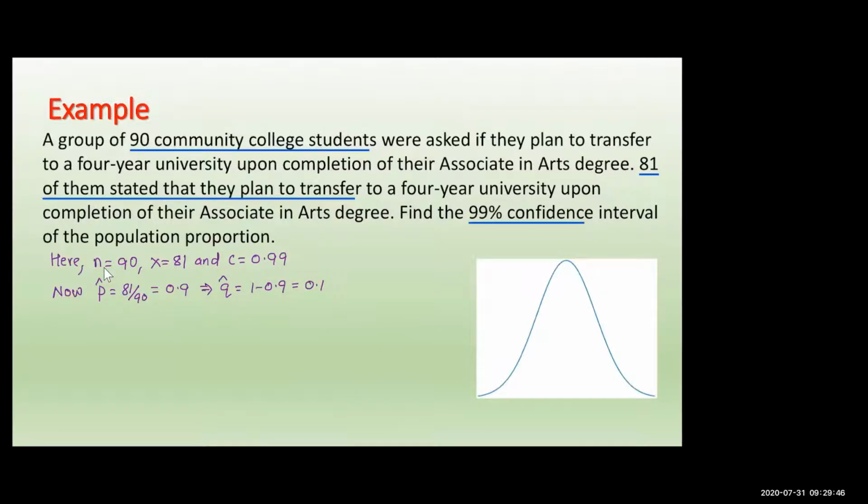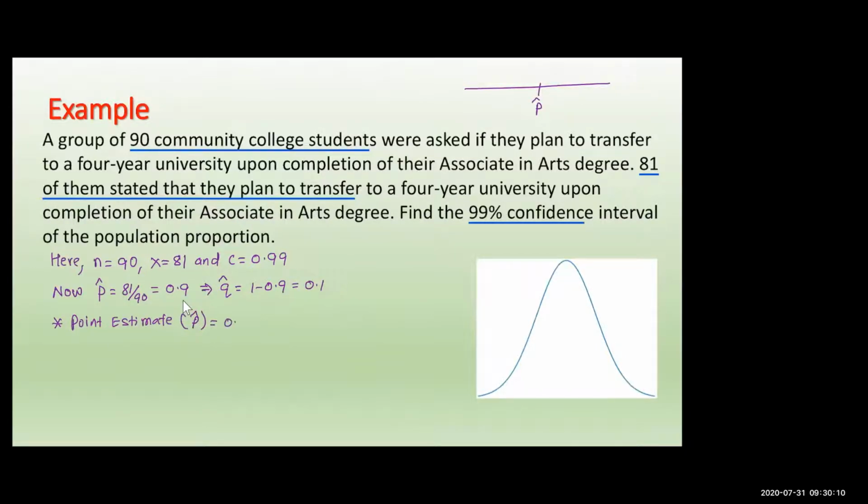In order to find the confidence interval, we need the point estimate in the middle, which is P hat. So point estimate is P hat, and we already have that here. P hat is 0.9.